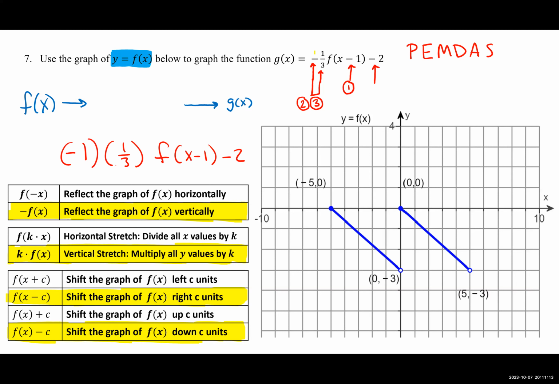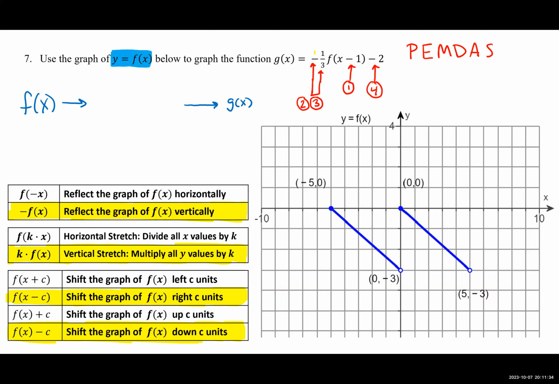So you can do the negative sign first or the 1/3 first. But they have to come before finally the subtraction on the outside. The S at the end of PEMDAS is subtraction. So that's going to be step 4, just following order of operations.